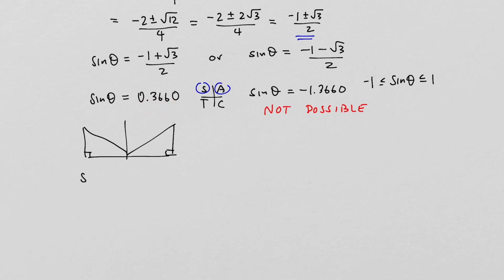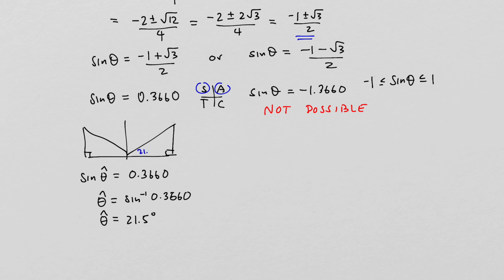So instead, I'm just going to find the reference angle, theta hat, and we can do this by knowing that the sine of theta hat is 0.3660. So theta hat is the inverse sine of this value. And if you plug this into a calculator and round it to 1 decimal place, you get 21.5 degrees. So that means that this angle here is 21.5 degrees, and this angle here is 21.5 degrees.